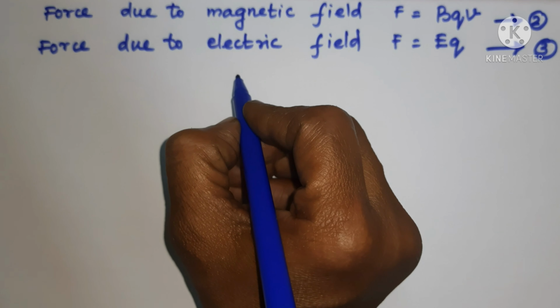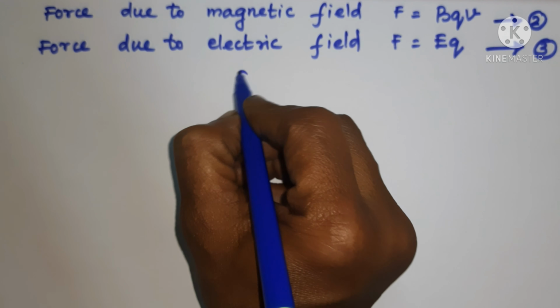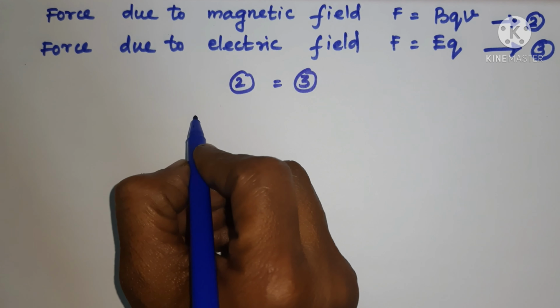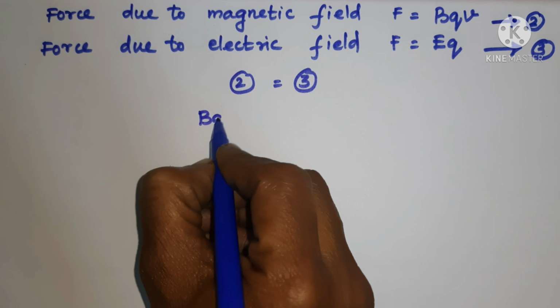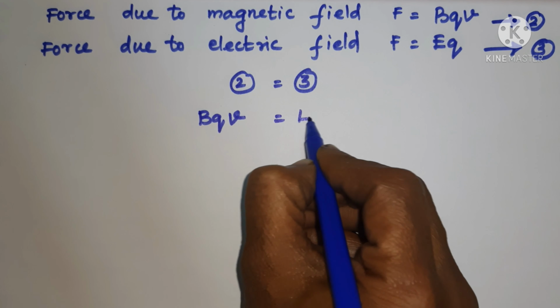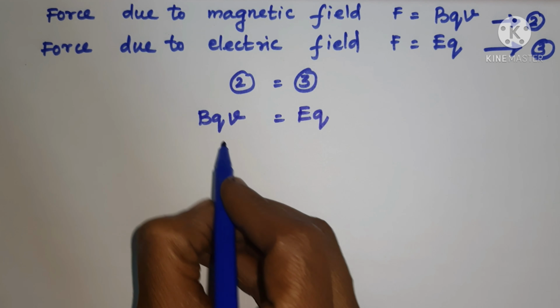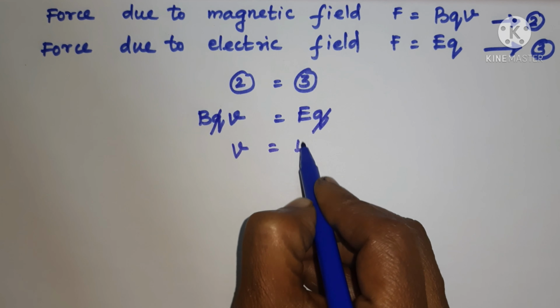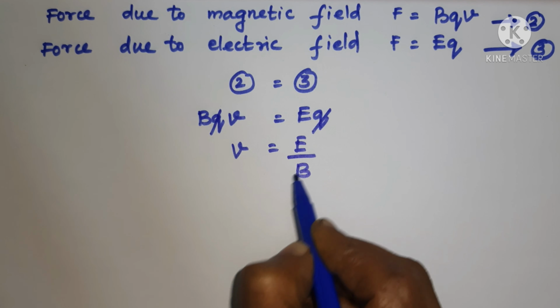Under balanced condition, we can equate both the forces. So we have BQV is equal to EQ. Therefore, V is equal to E by B.